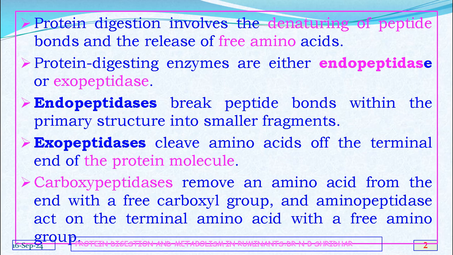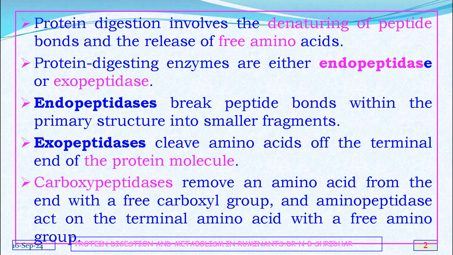The endopeptidases break peptide bonds within the primary structure into smaller fragments, whereas the exopeptidases cleave amino acids off the terminal end of the protein molecule.